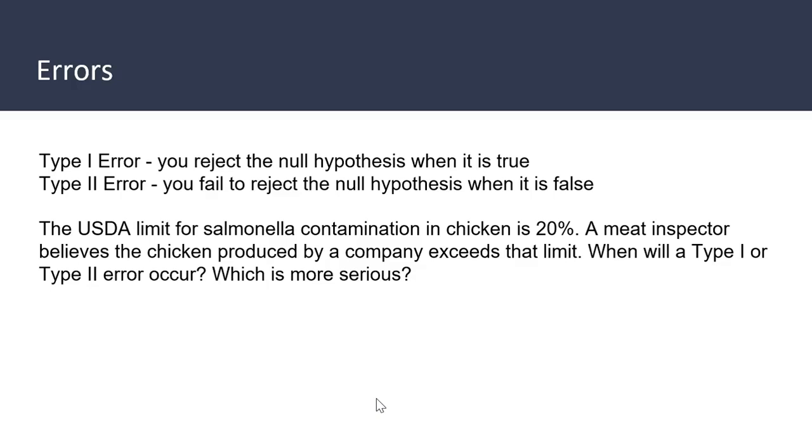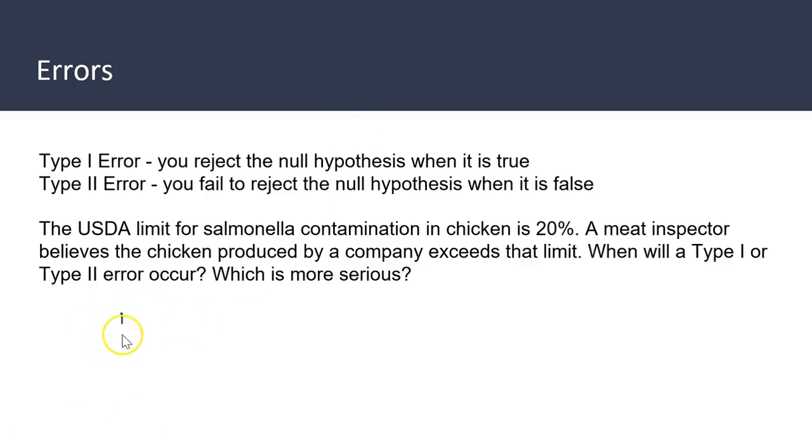All right, so the USDA limit for salmonella contamination in chicken is 20%, and a meat inspector believes the chicken produced by a company exceeds that limit. When will a type 1 or type 2 error occur, and which is more serious? So let's talk about what these hypotheses would be.